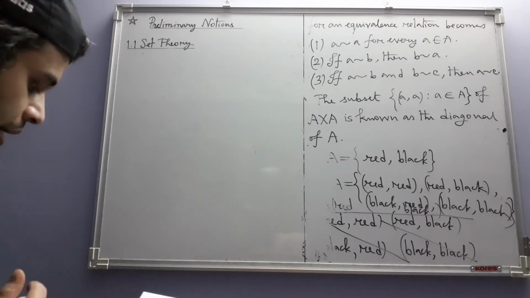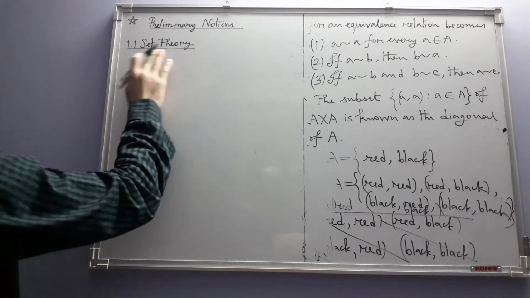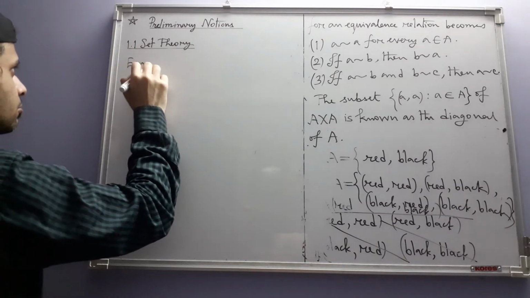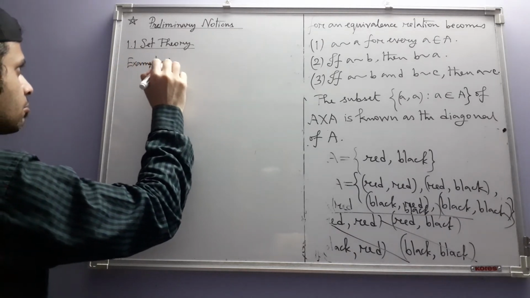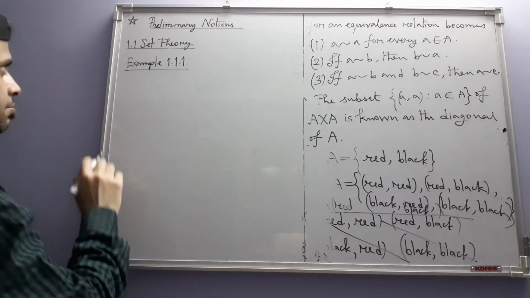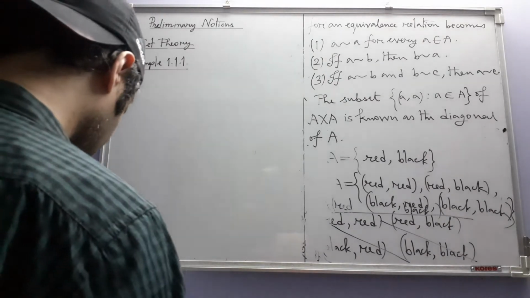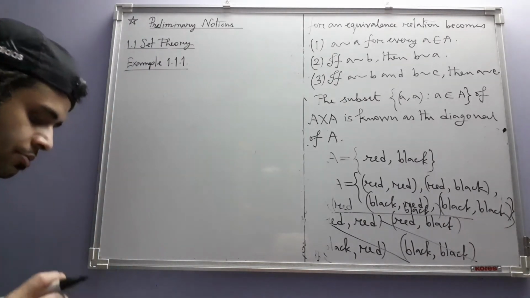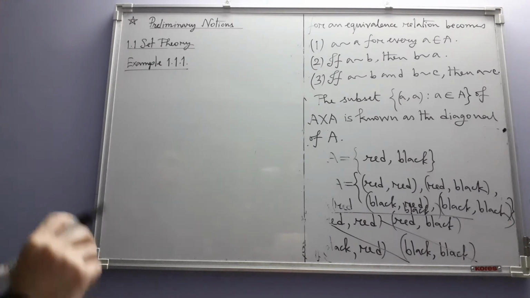Let us now see some examples of equivalence relations. So the first example of section 1.1 is very simple. In fact, the first one is the prototype for equivalence relation. It's ordinary equality.